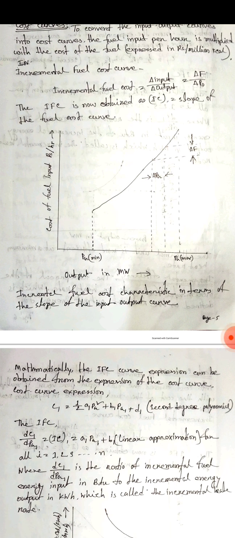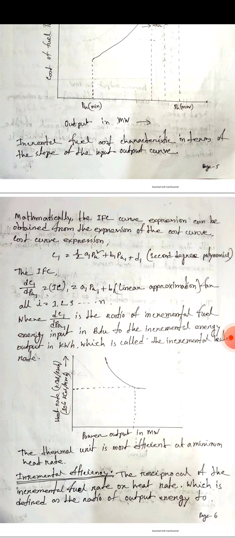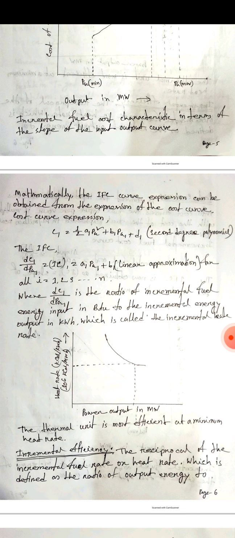This curve shows the incremental fuel cost characteristics in terms of the slope of the input-output curve. Mathematically, the IFC curve expression can be obtained from the expression of the cost curve.